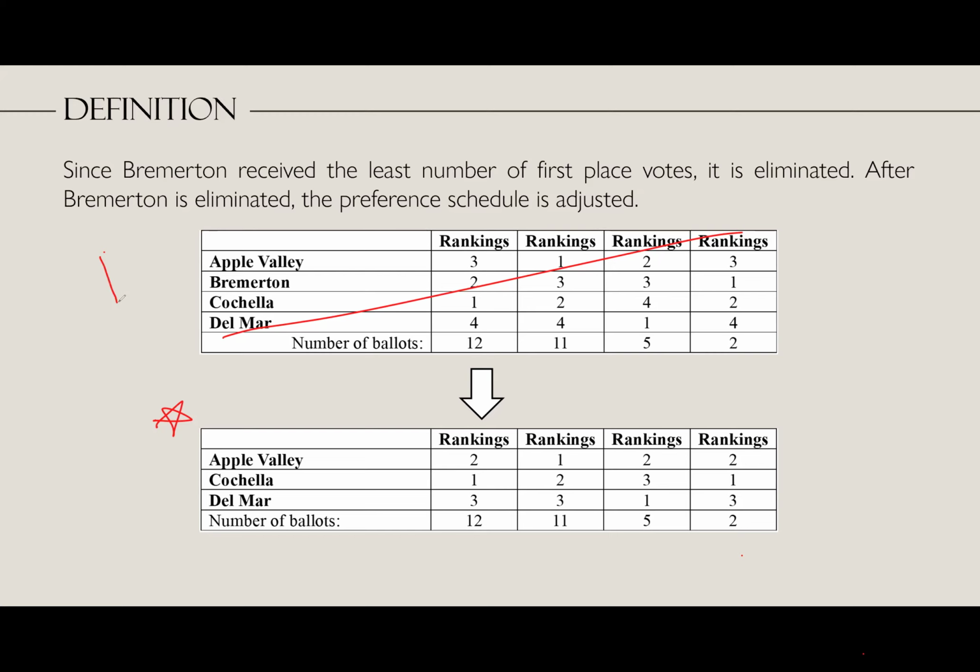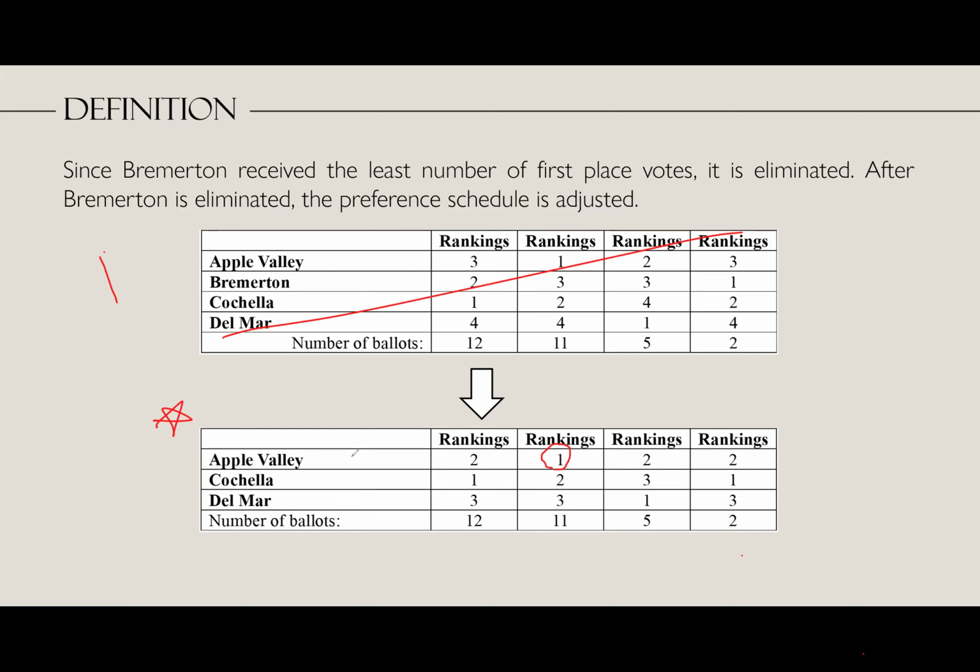So Apple Valley, we see a first place, which we have right here. And how many votes does it have? It looks like it has 11. And it looks like my tablet might be having some issues connecting. It has 11 votes.